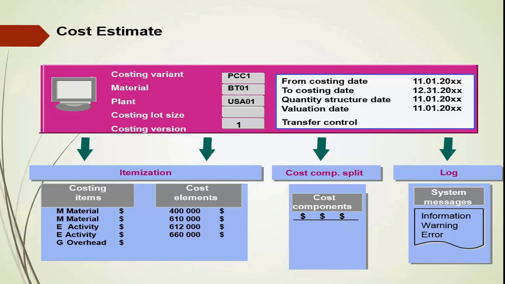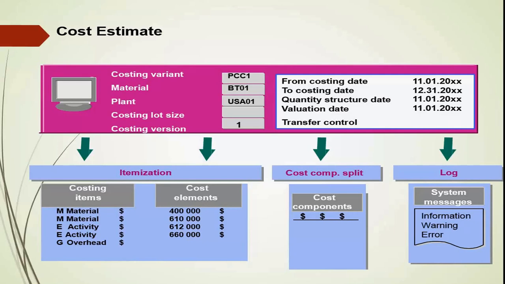A company can have like 40 cost components. So you can club together any activities, any material, or any overhead, and it will show up on your cost component split view. If in this case there are two materials and both might have raw materials, you can club them together as raw material as a cost component.